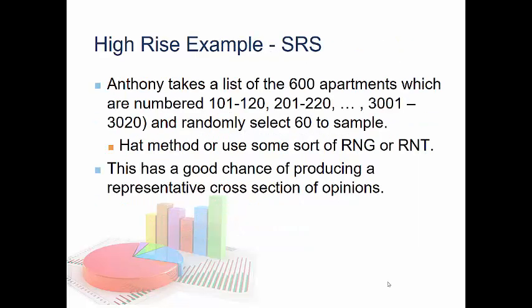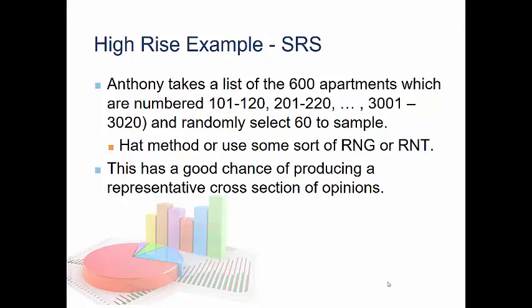So in our high-rise example, Anthony could take a list of 600 apartments, and they're numbered 101 to 120, 201 to 220, and then he could put them all on cards and put them in a hat and randomly select them.